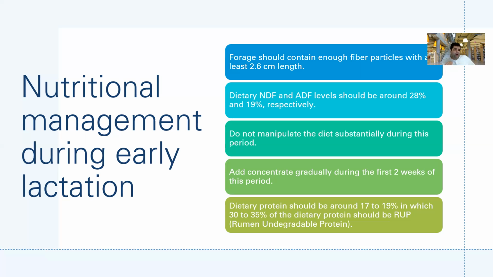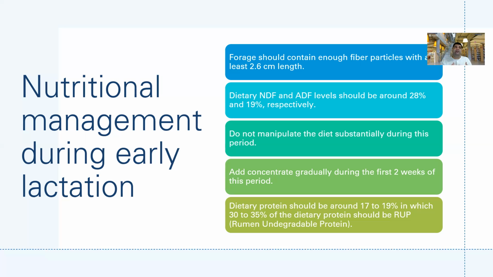So that's why our forage particle size should be maintained in a standard level. If it's shorter than 2.6 centimeter, we might experience acidosis. If it is longer than 2.6 centimeter, in that case, it's gonna increase the filling index of the feed in rumen, and it's gonna limit the feed intake.